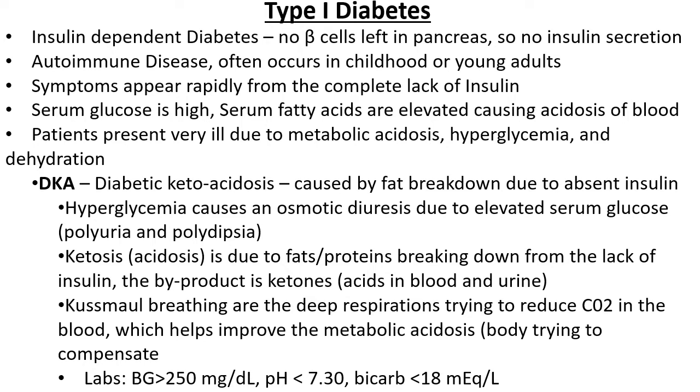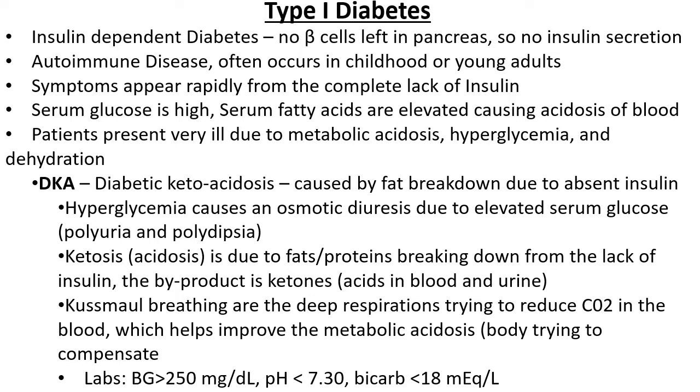And as the pH of the blood starts to go lower and lower and lower, patients become extremely ill, okay? So they develop a metabolic acidosis, and on top of that, they're hyperglycemic. And of course, because of the hyperglycemia, they're dehydrated because they're losing so much sugar in their urine.